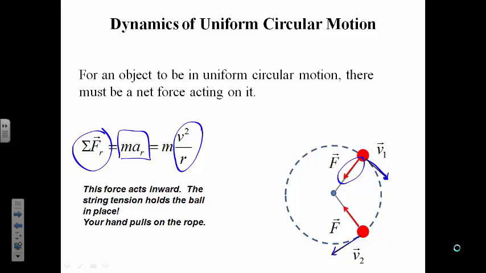And note, as we mentioned before, that this inward acting force is always the result of something else. In this case, when we're swinging the ball around above our head, the tension supplies this force. Or imagine that this was the sun here in the center, and the red dot is the Earth going around the sun.